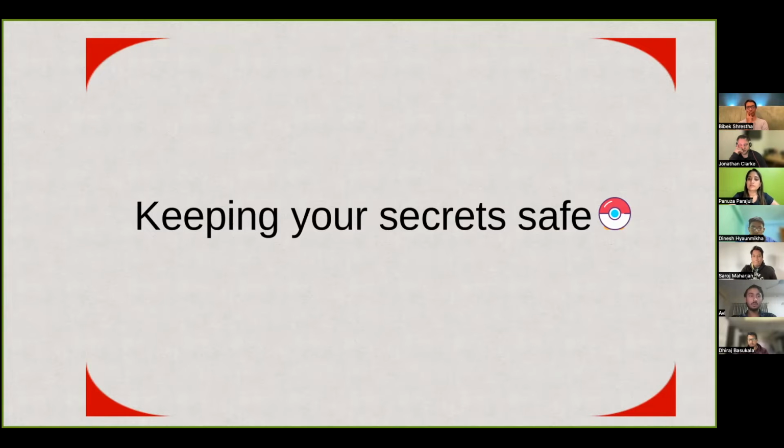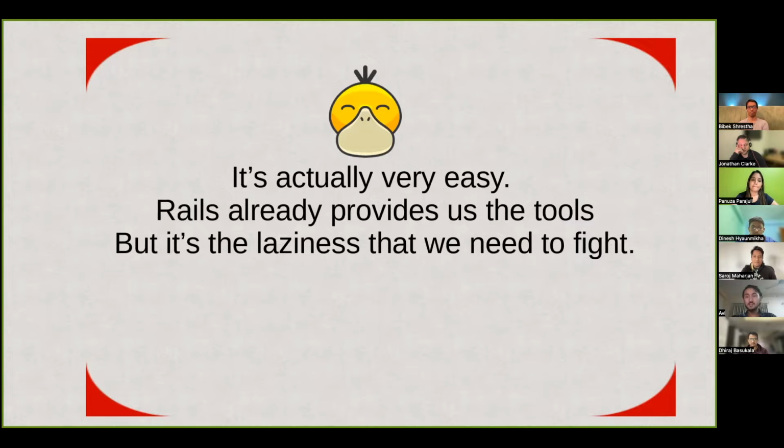So think about your AWS credentials, your different API keys and passwords, right? So let's get started. It's actually very easy to store secrets in Rails. Rails already provides us with the tools to do it, but it's the laziness as developers that we need to fight. At least I need to fight it.